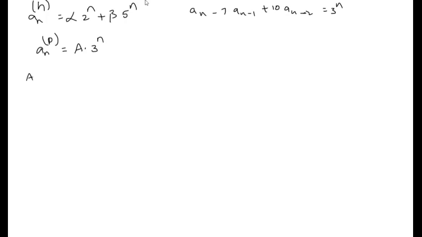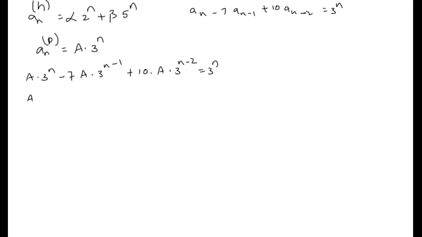So we are going to get a into 3 power n minus 7 into an minus 1 means a into 3 power n minus 1 plus 10 into a into 3 power n minus 2 is equal to 3 power n. Solving this one, we need to get the value of a.